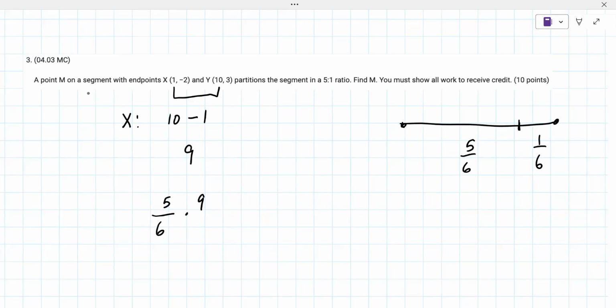Finish multiplying by 9. So this is 45/6. They're both divisible by 3. That's 15/2, that's 7.5.